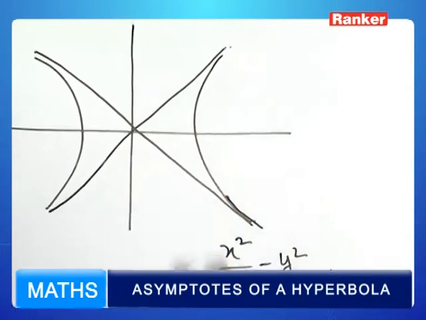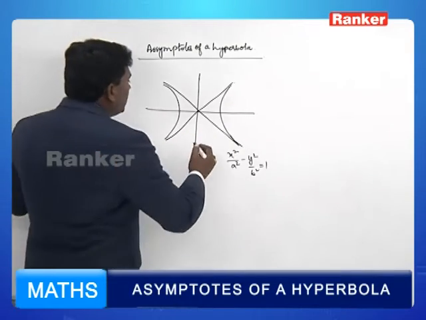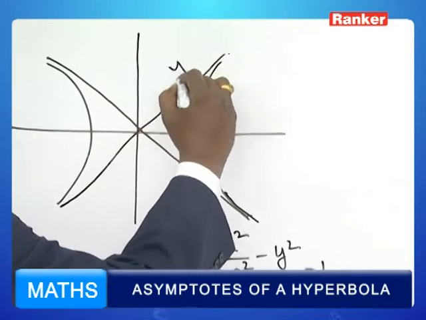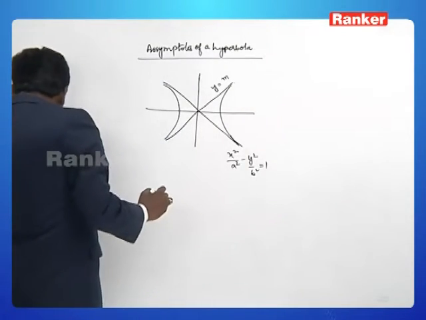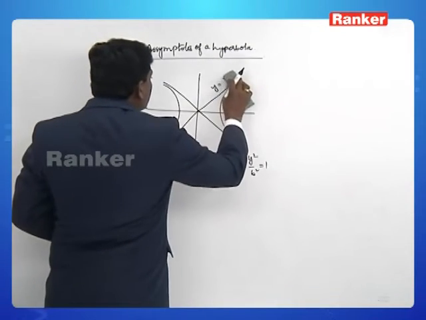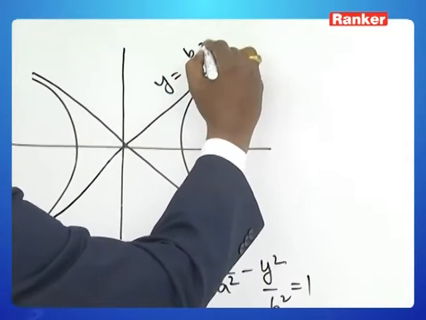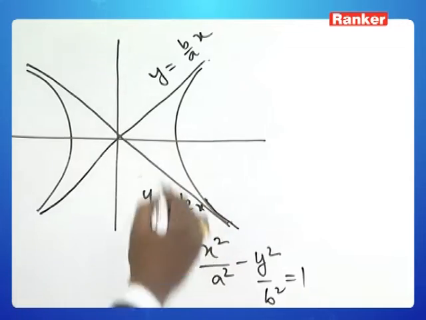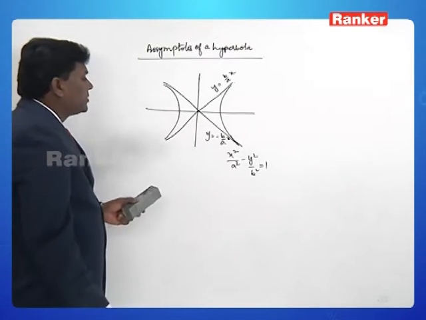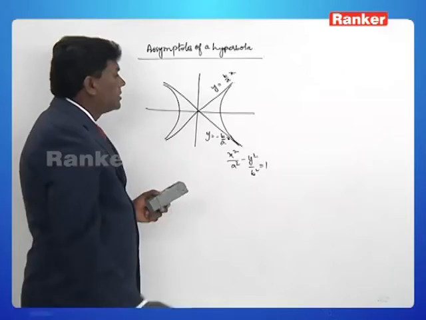It will never touch. We leave a small gap here. This asymptote is y equal to b by a into x. We have proved just now the slopes are plus or minus b by a, and this is y equal to minus b by a x. Using this, we can define many properties of the hyperbola asymptotes.